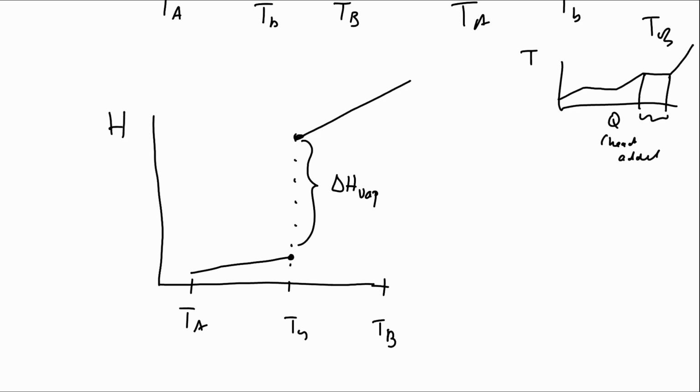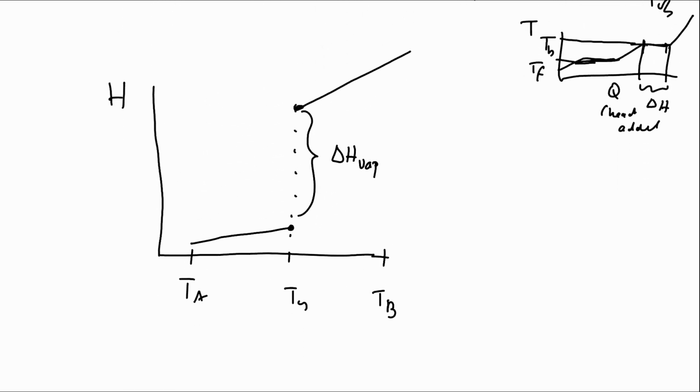And if I'm at the boiling point or at the freezing point, the melting point or whatever, I add heat and the temperature goes up, but then I get to this point where I add heat and the temperature doesn't go up. That amount of heat I had to add there was delta H, right? So here it is on this graph.